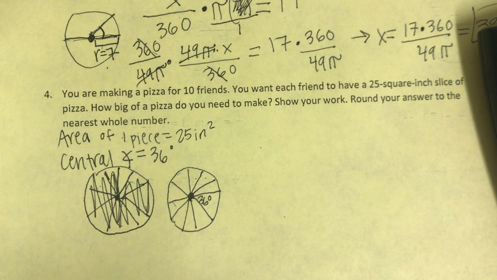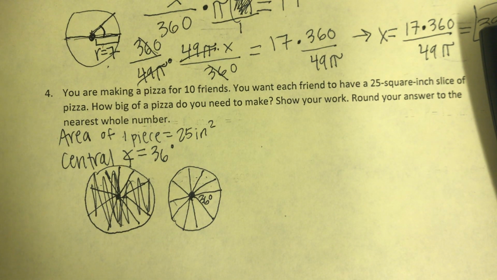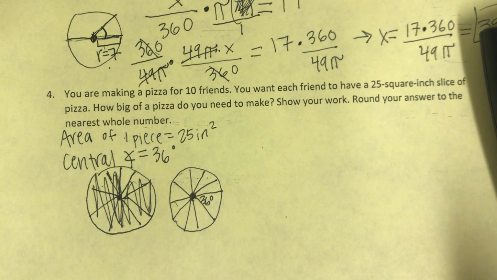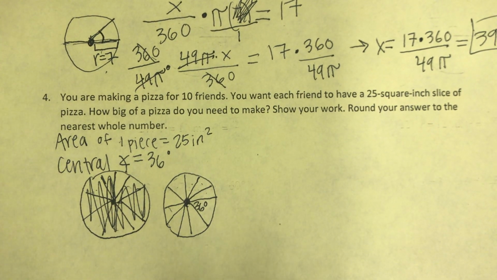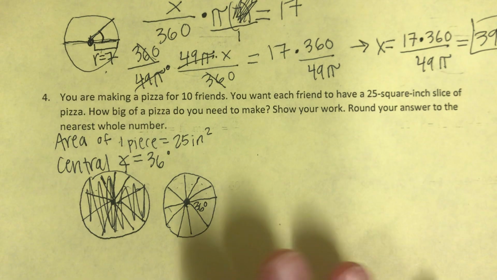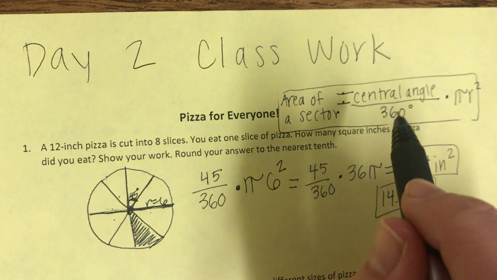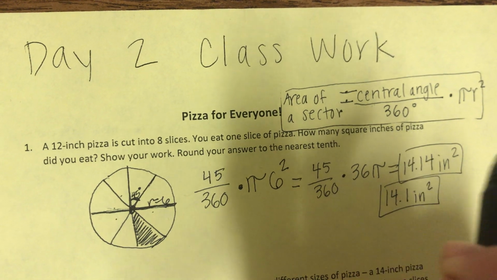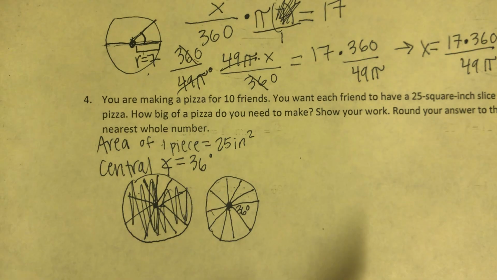Now, I think I know everything that I need to plug into our formula and solve for our radius. So remember that the area of a sector is equal to our central angle divided by 360 times pi r squared. So let's look down here.